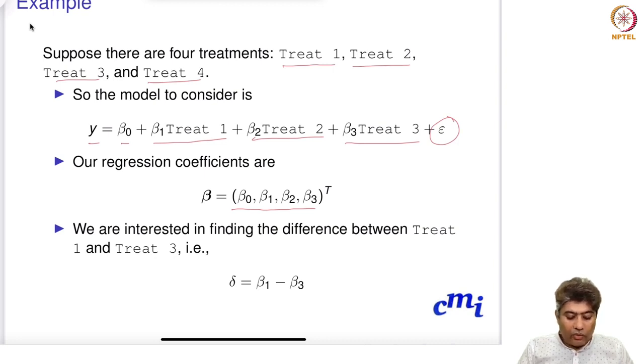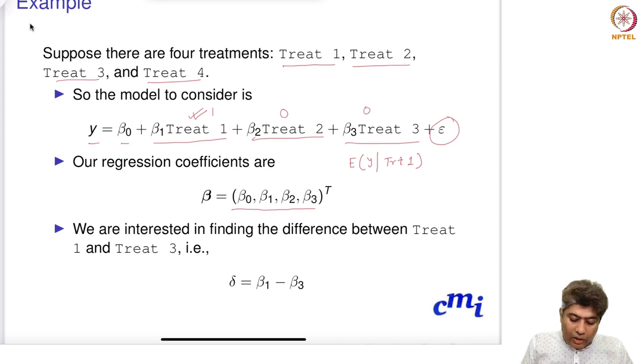If I need to figure out the expected value of y when it is treatment 1, I will put treatment 1 equal to 1 and put zeros for the others.